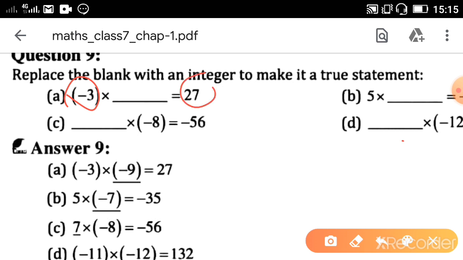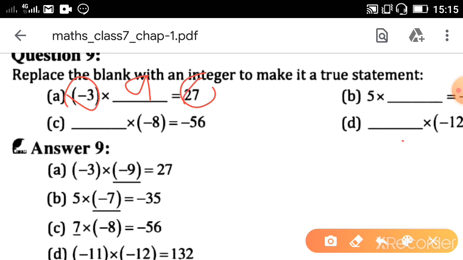You can remember the table of 3, nines are 27. Here the answer is 9, but here this 3 is a negative number and 27 is a positive number. You can easily find the multiplication numbers, but here you will learn about the sign, how to put the integer, whether it comes positive or negative.